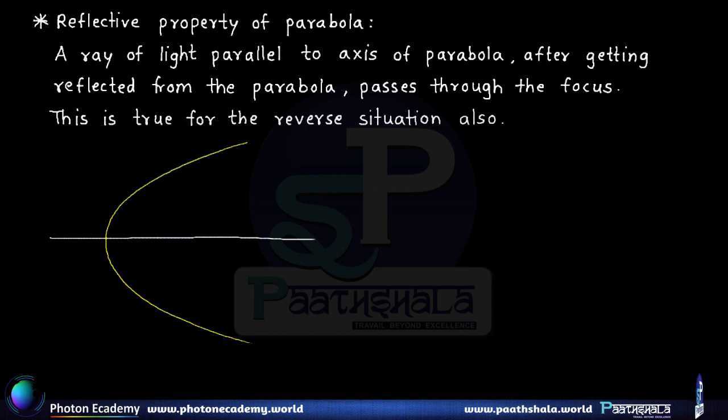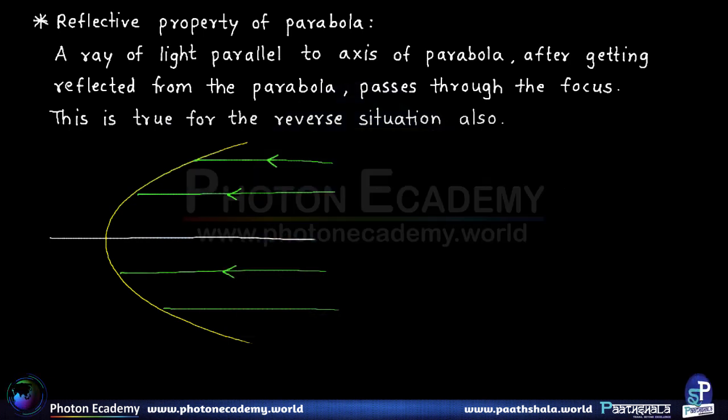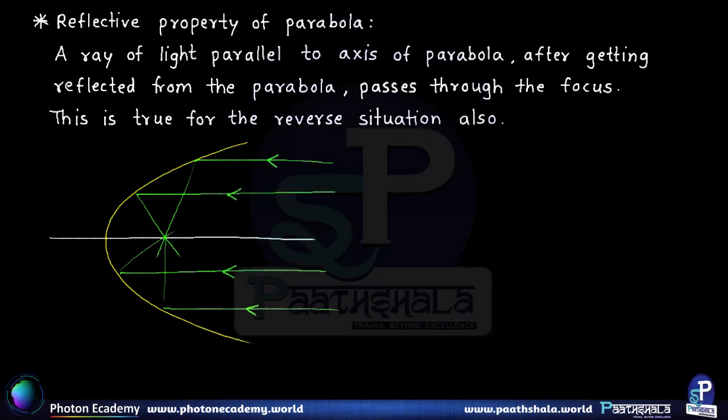Suppose there is some ray which is coming parallel to the axis. We can imagine any parallel rays like this. Now when they all get reflected from the parabola, as if the parabola were a reflective mirror, then on reflection all of them will pass through the focus. So that is the reflective property of the parabola.